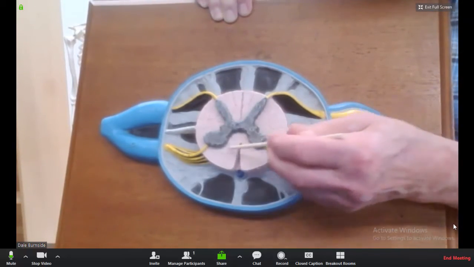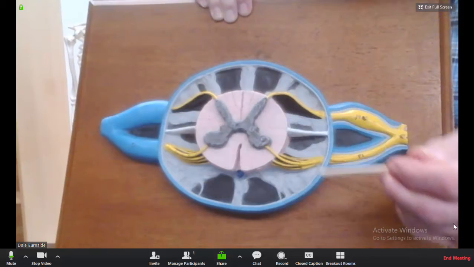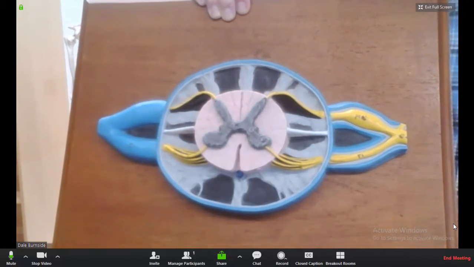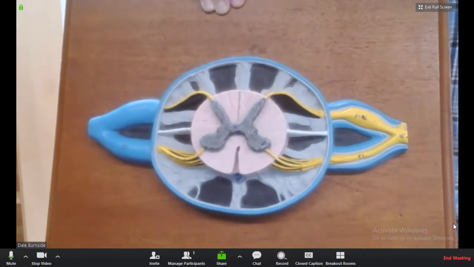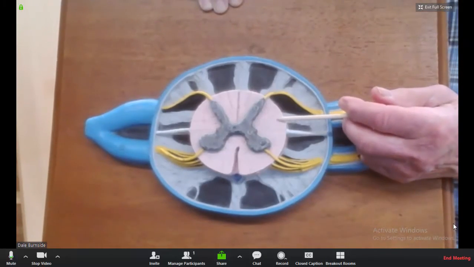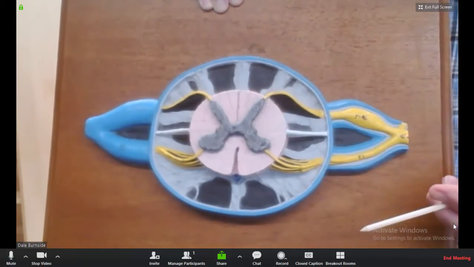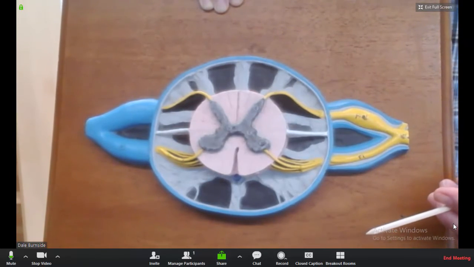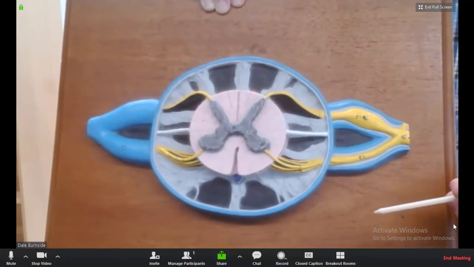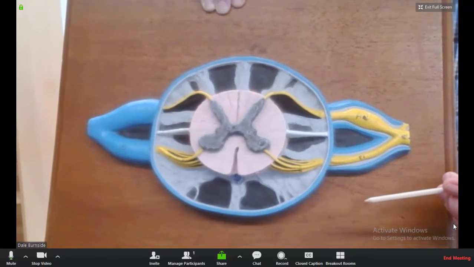Then in the white matter, what we have is ascending tracts and descending tracts. Ascending tracts are taking sensory impulses up higher to the brain, and descending are bringing impulses down from the brain.